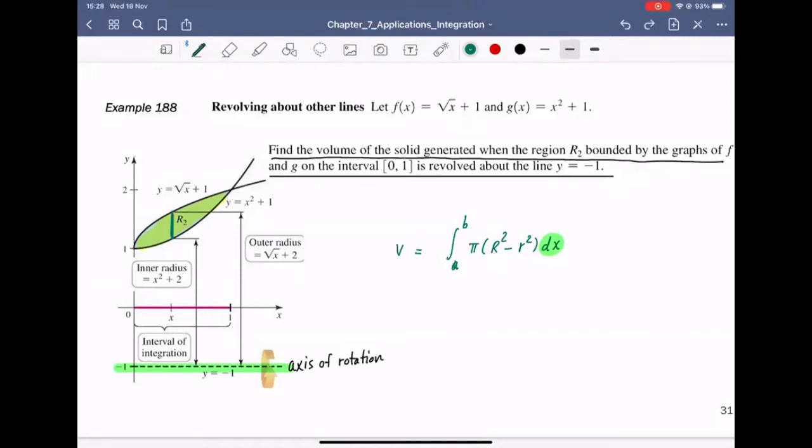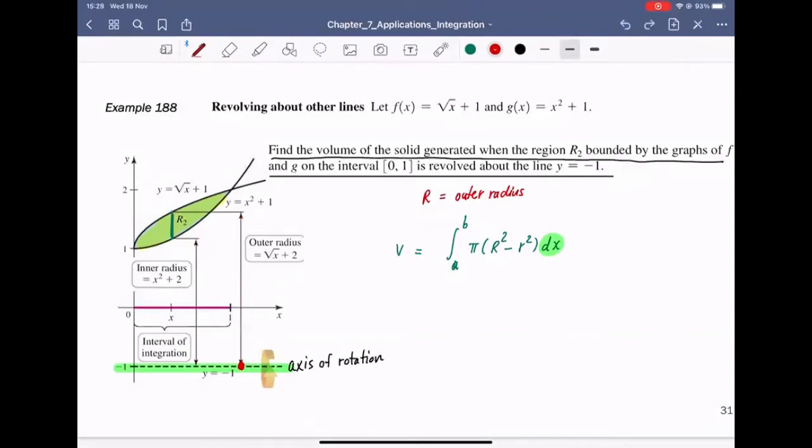So once you know that you're going to use dx, good, that means we're going to draw the vertical line. And then now to figure out the inner and outer radius. The axis of rotation is here, which I highlight in green. What is going to be my outer radius? My outer radius is going to be from the axis to the outer curve.